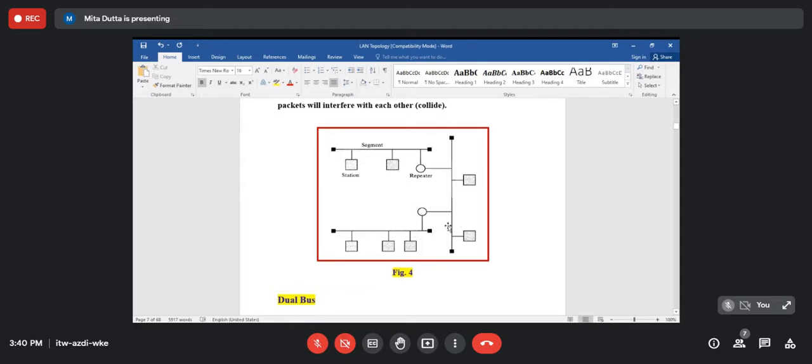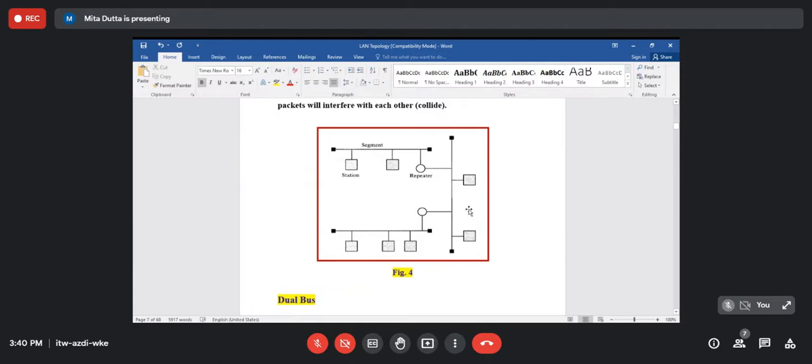That is why, when one station in segment 1 and one station in segment 2 want to send information at the same instant of time, there will be a collision between the information sent by the two stations on different segments.